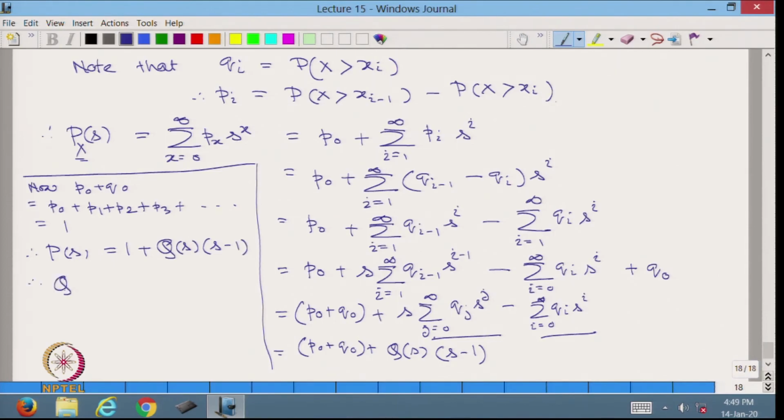Therefore, q(s) is equal to 1 minus P(s) upon 1 minus s. So these two different probability generating functions are related by this relationship. This is an interesting generating function, which is comparatively simpler than the moment generating function or characteristic function.